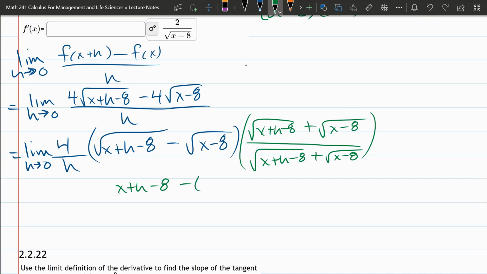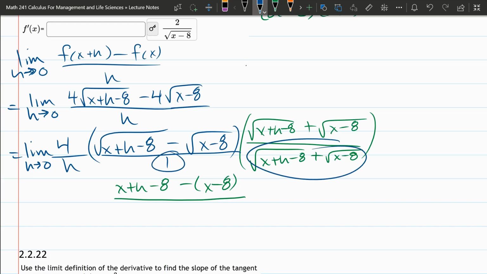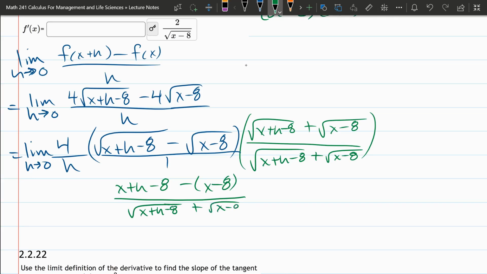One of them is negative, so you get negative x minus 8. The denominator, there's nothing to do. You could have written this fraction over 1, so you're multiplying 1 by that denominator, so it's not going to change. And the denominator is the square root of x plus h minus 8, plus the square root of x minus 8. Copy everything else down.